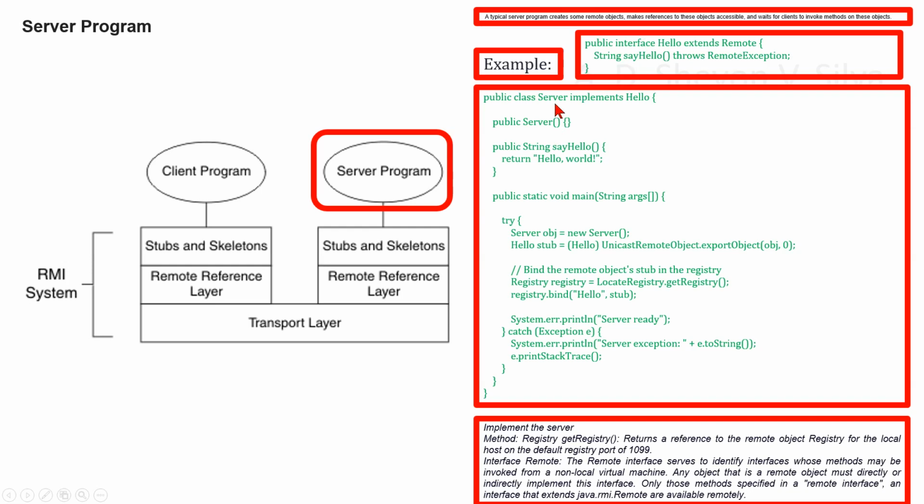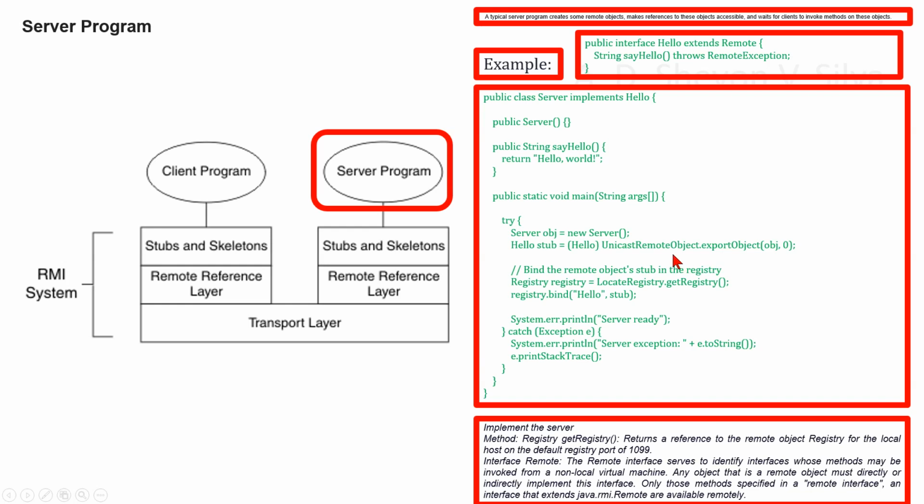Now we are considering create and export a remote object. The main method in the server needs to create the remote object that provides the service. Additionally, the remote object must be exported to the Java RMI runtime so that it may receive incoming remote calls.